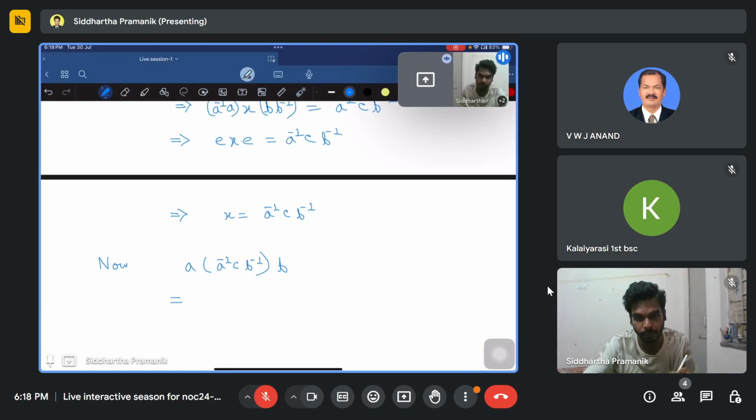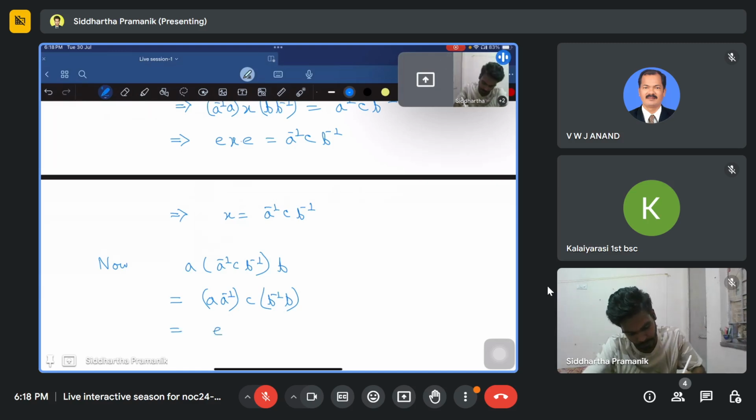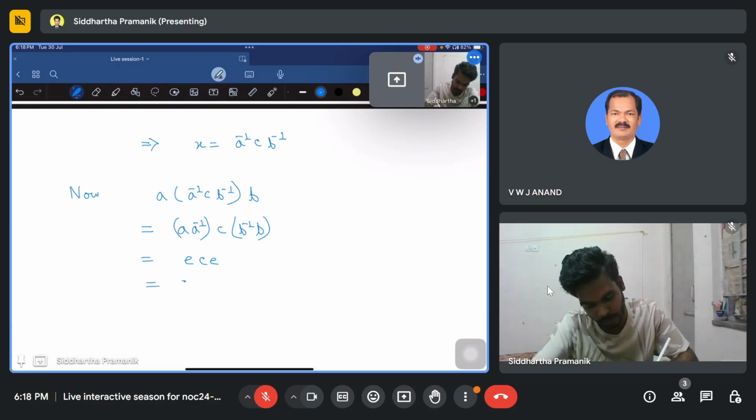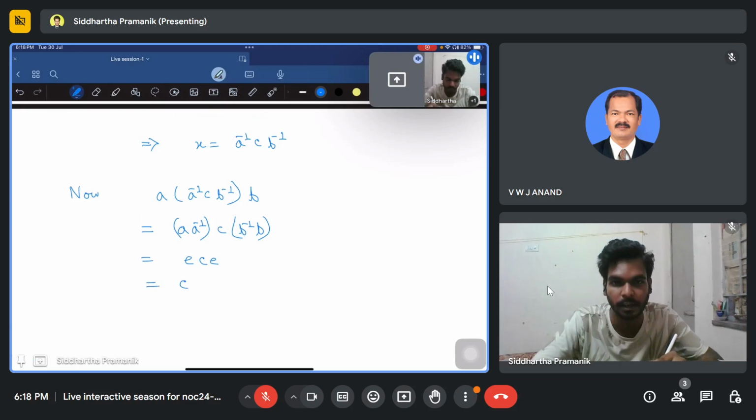Again, by using the associativity, this is the same as A inverse times C B inverse times B, and this is E times C again multiplied by E. So this equals C. So this X gives the solution of that equation.